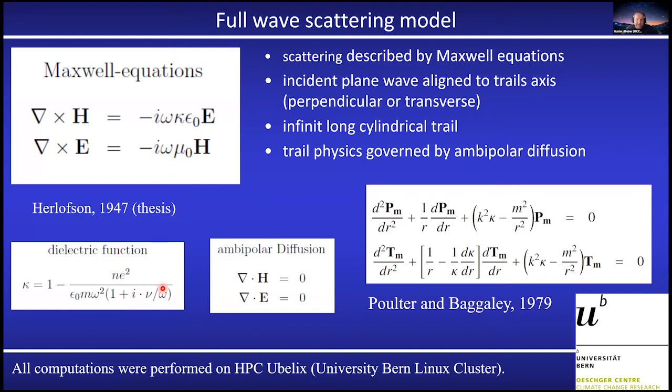And these are modeled here. And one thing I have to note, all computations were performed on the HPC UBELIX, which is one of these university facilities, and we have quite some computational power, which was a key element here, as some of the computations are very time consuming.